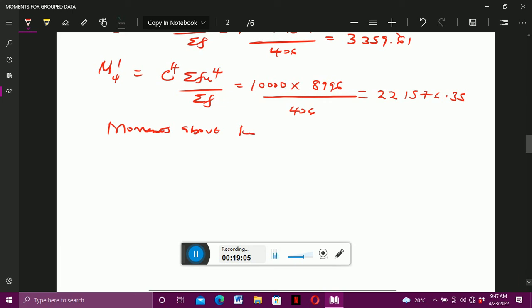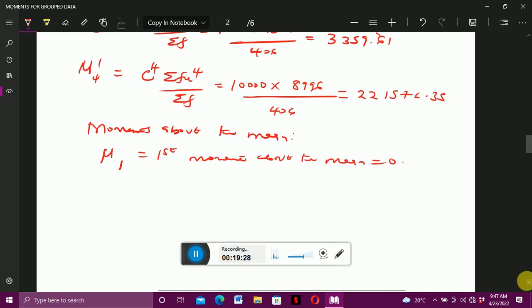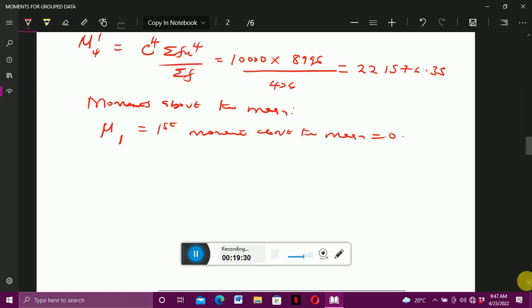So we can write moments about the mean, and we know that mu1, the first moment about the mean, is always 0. Now we come to mu2, and mu2 is given by mu2 prime minus mu1 prime squared.